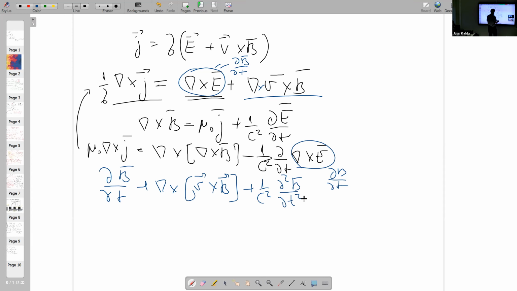And the whole thing equal to, now let us see, we have here mu naught curl of J, but we were substituting for curl of J. So actually we need to divide everything by mu naught. I think it needs to be here.